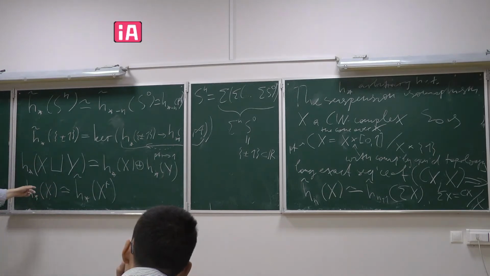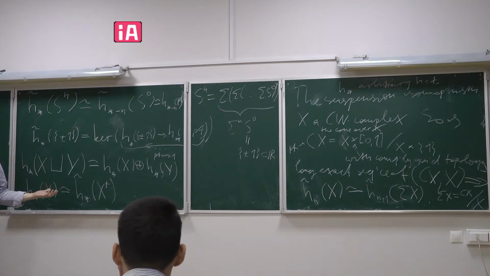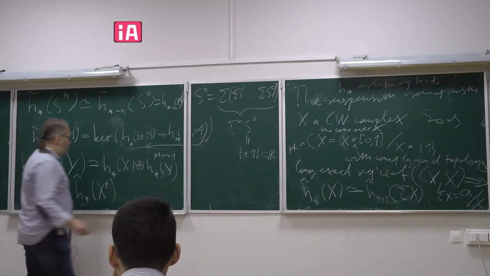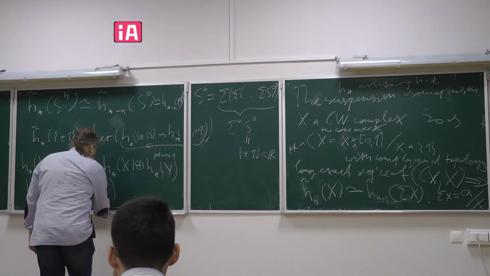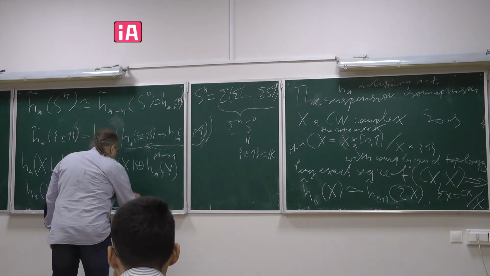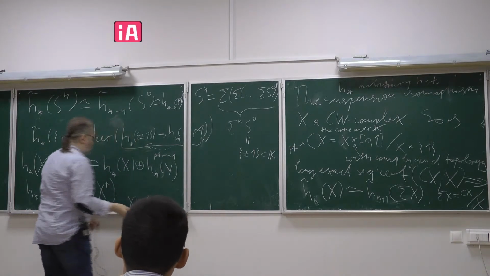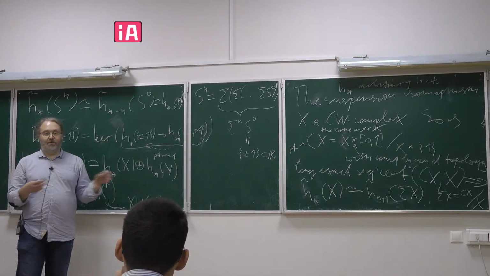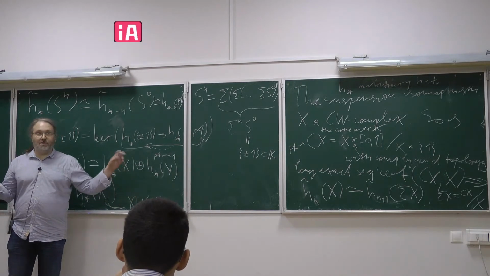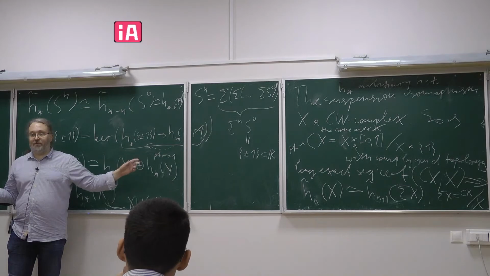So X is a CW complex. What is X plus? X plus is X disjoint union with a point which lives far, far away.